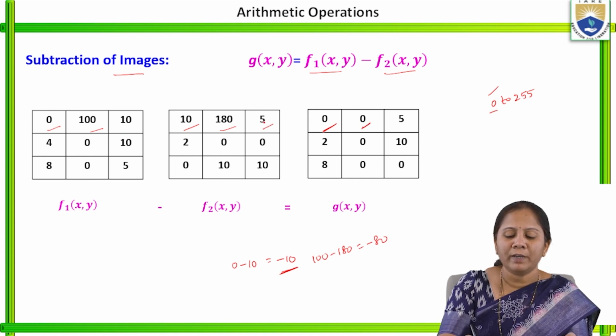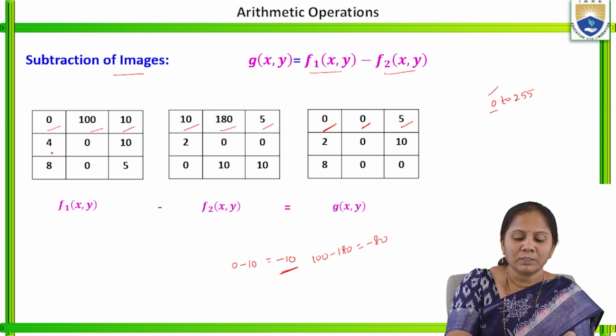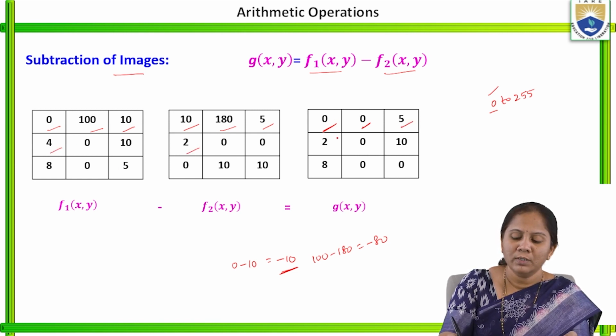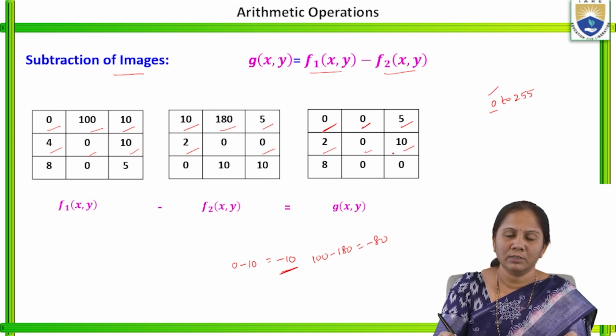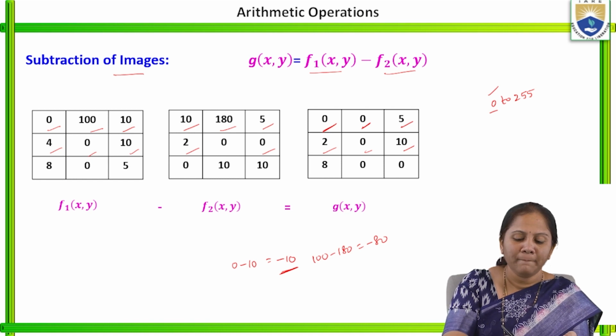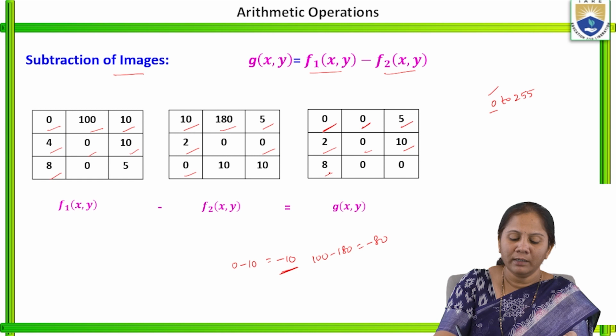So 10 minus 5, the result is 5, no problem here. Next value is 4 minus 2, result is 2. 0 minus 0, result is 0. And 10 minus 0, the result is 10. In this row also there is no problem. 8 minus 0, the result is 8.